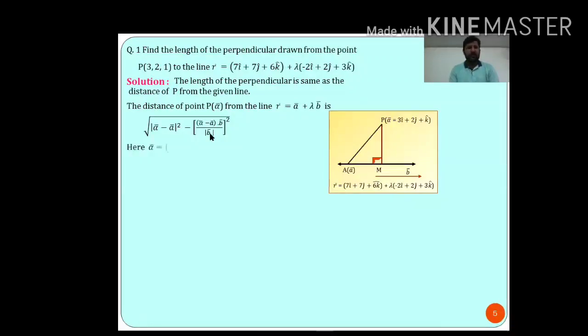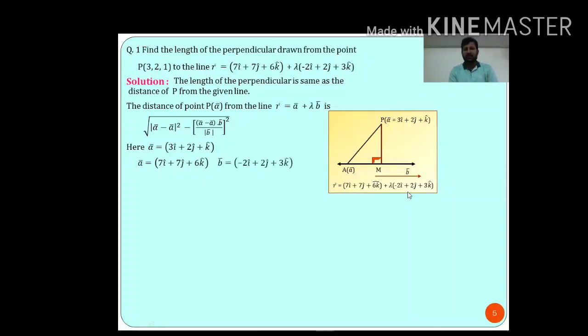First, alpha bar position vector is 3i + 2j + k. Vector A bar is 7i + 7j + 6k cap. Next, the parallel vector B bar is minus 2i + 2j + 3k. Then the next required vector is the difference alpha bar minus A bar.